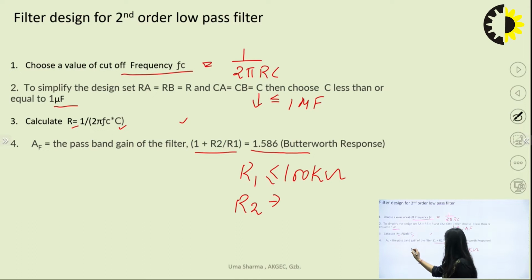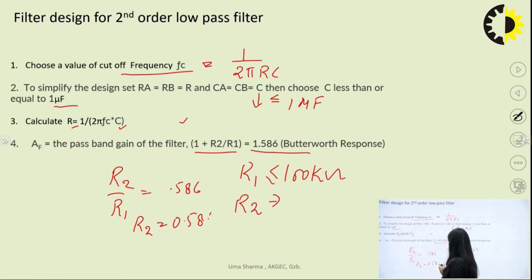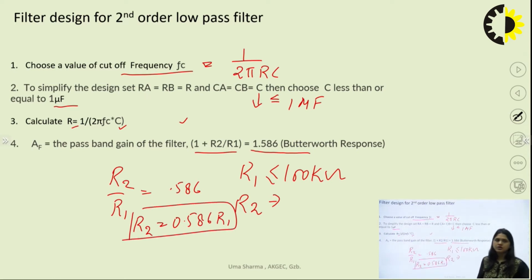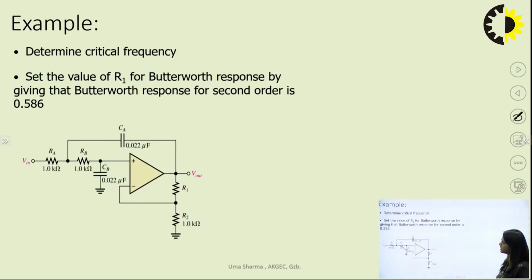Now just see, R2 by R1 will equal 0.586 and this R2 will equal 0.586 multiplied by R1. So this is how you can calculate R2. So this is the procedure by which you can design a second order low pass filter.